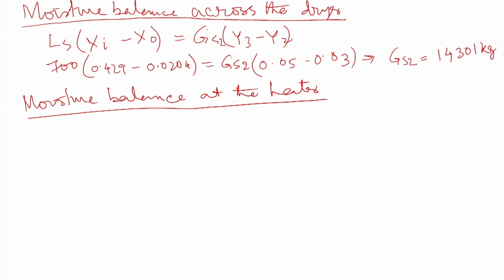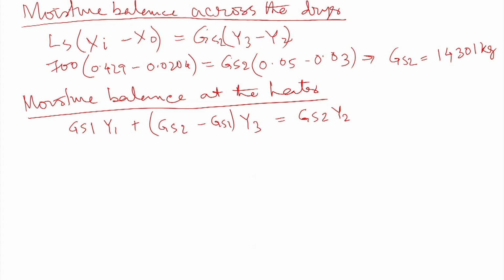By doing the moisture balance, Gs1 into Y1 plus Gs2 minus Gs1 into Y3 is equal to Gs2 into Y2. If we put all the values here, Gs1 is not known.